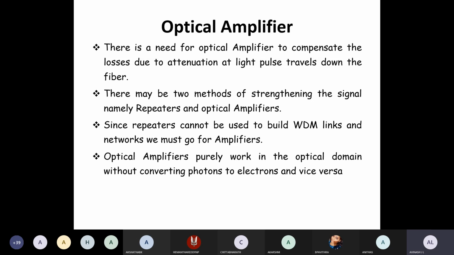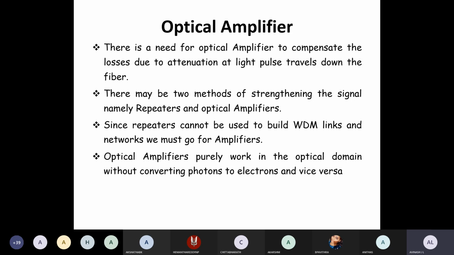The optical amplifiers purely work in the optical domain without converting photons to electrons and vice versa. This is a very important thing. Once we give the name optical amplifiers, obviously they must work in the optical domain only, so they should not convert photons to electrons.